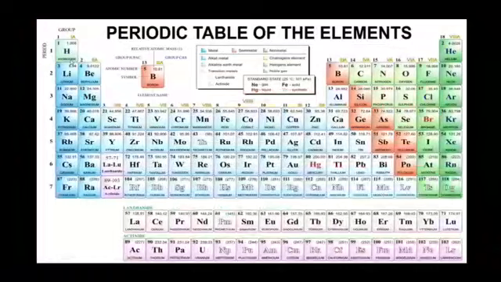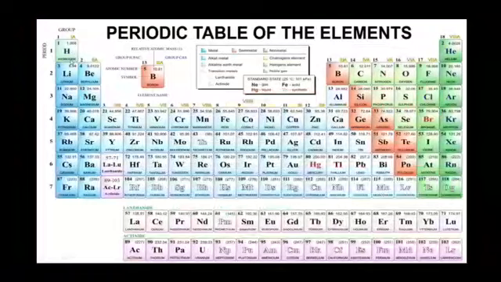Next to lithium, we have beryllium with atomic number 4, then boron with atomic number 5, carbon with atomic number 6, followed by nitrogen, oxygen, fluorine, neon, and then we have sodium.